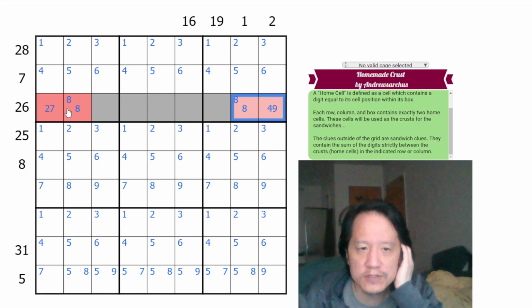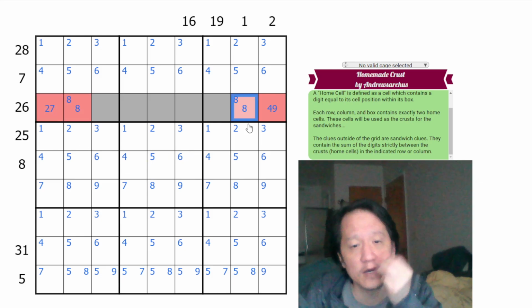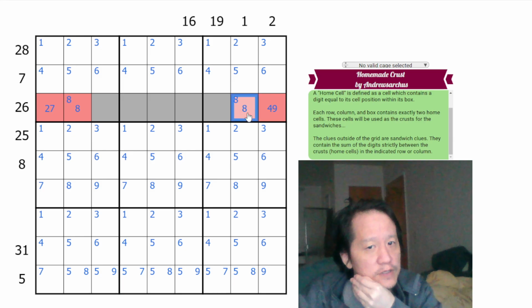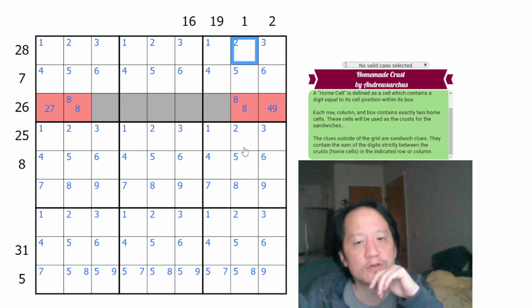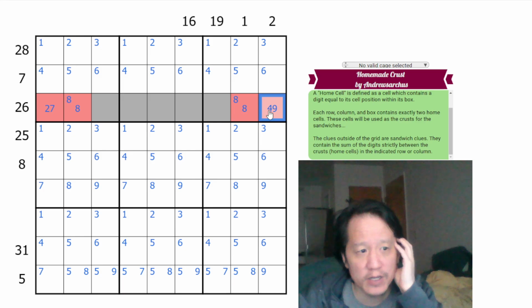So this is the crust of one. This is the crust of another. If this is the crust of one, say this was the crust, then this would be 8. It would be with either 2 or 5, and then the 1 would be one of these two. If this is the crust, this would have to be a 9.